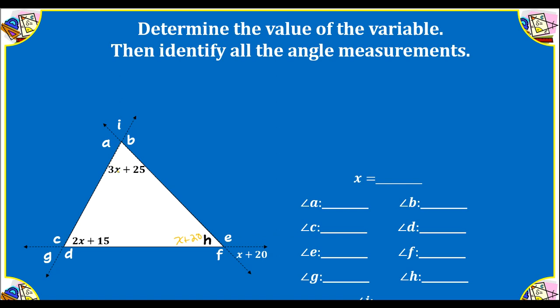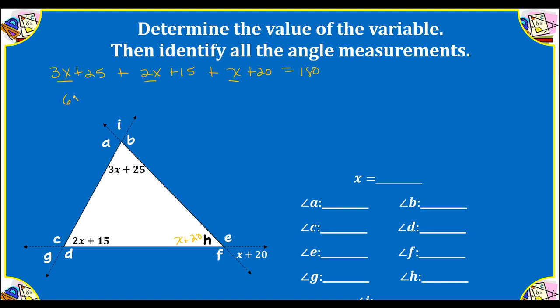So now we can write an equation: 3x plus 25 plus 2x plus 15 plus x plus 20 is equal to 180.